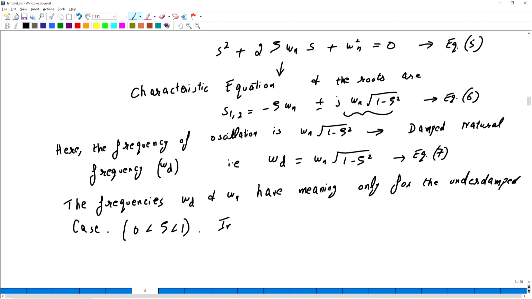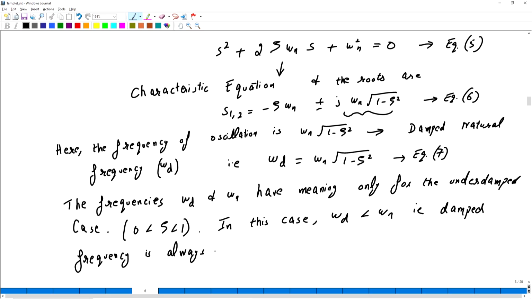So in this case, omega d, the damped frequency, is always less than omega n, the undamped frequency.